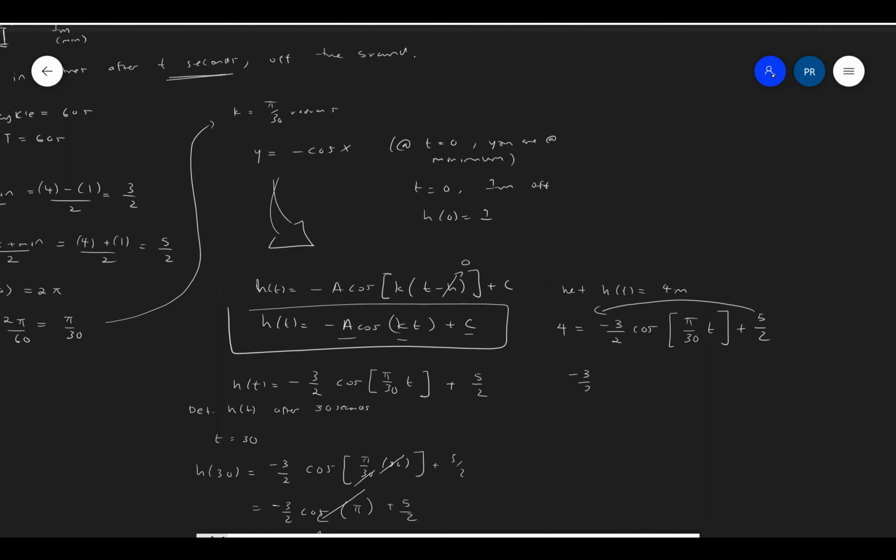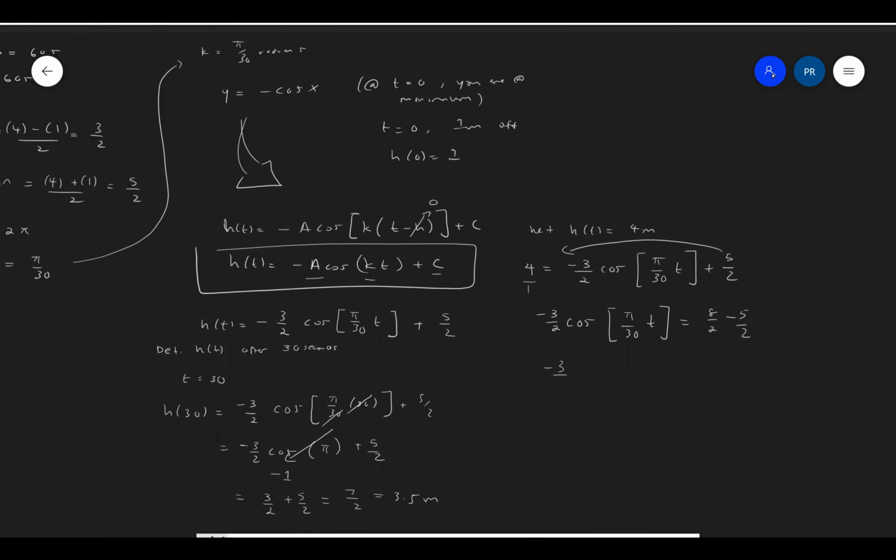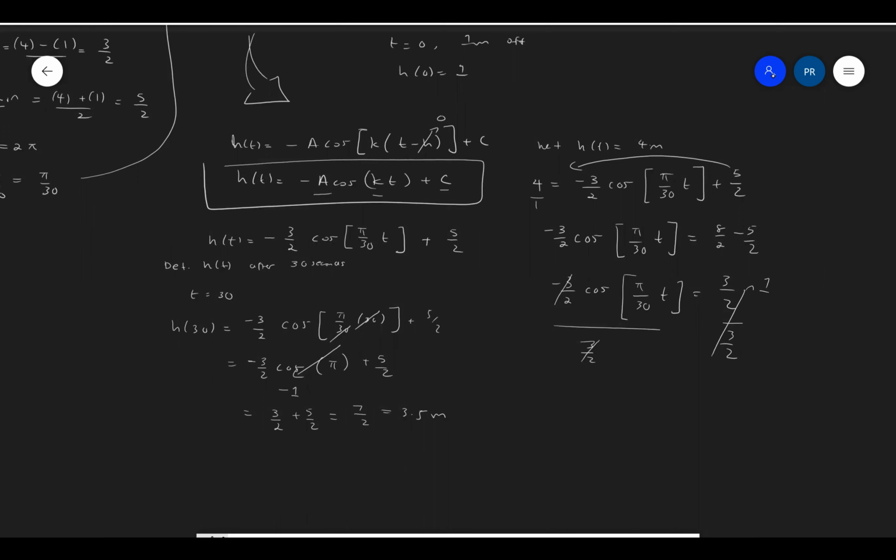So you get negative 3 over 2 cosine pi over 30 t is equal to 4, which is basically 8 over 2 minus 5 over 2. Then you get negative 3 over 2 cosine pi over 30 t is equal to 3 over 2. You divide by 3 over 2 on both sides. You basically get negative cosine pi over 30 t is equal to 1.